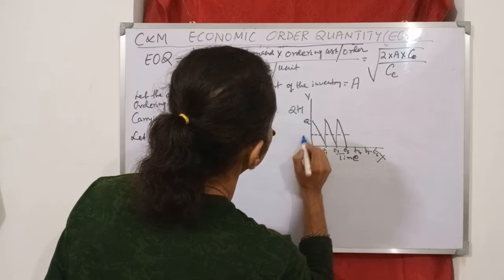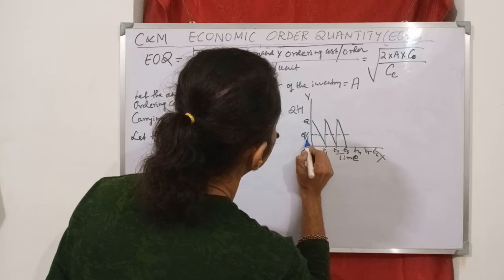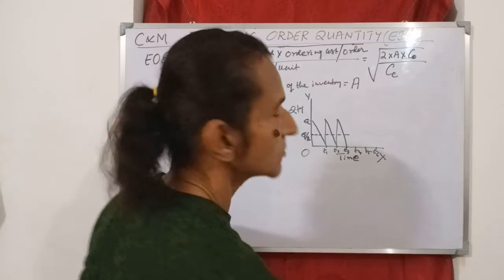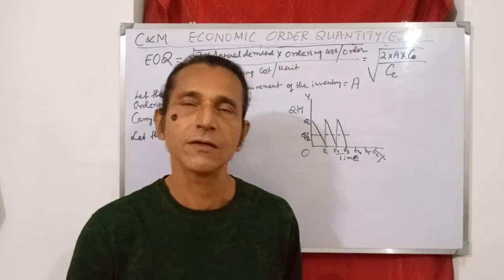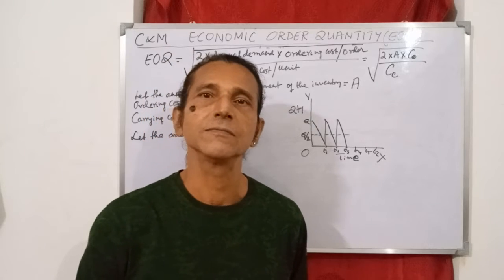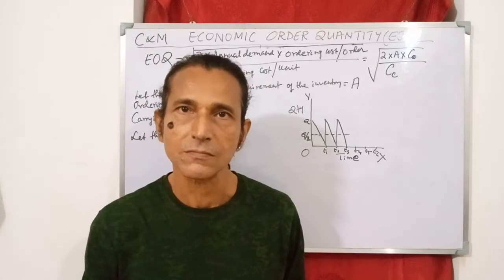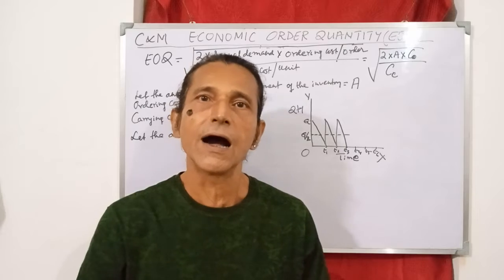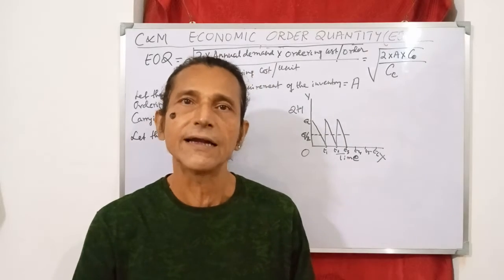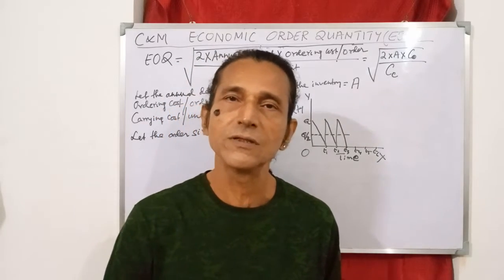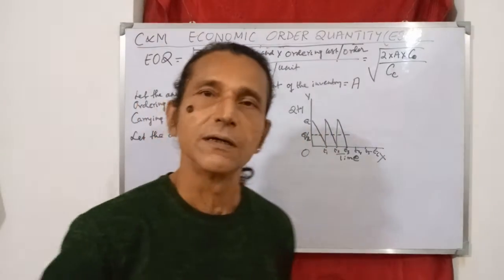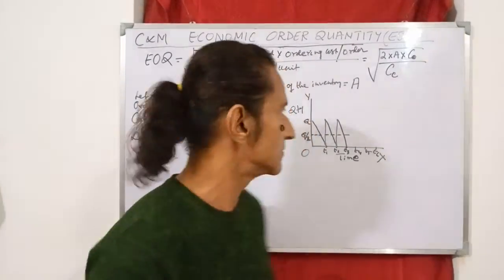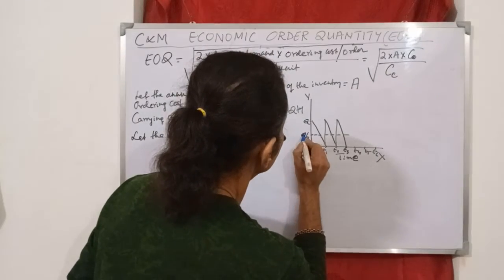Say this is Q, so this is Q by 2. So Q by 2 is the quantity of that inventory which the firm is carrying throughout the year. Put another way, at any point of time during the year, there must be Q by 2 units of the inventory with the firm. Right?